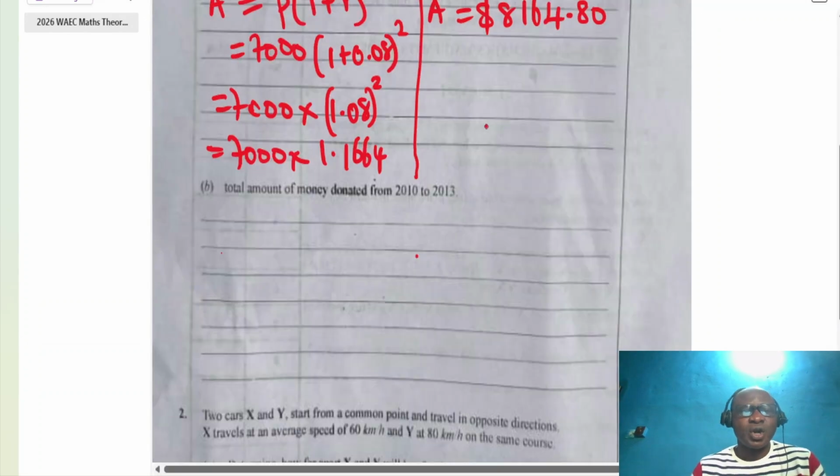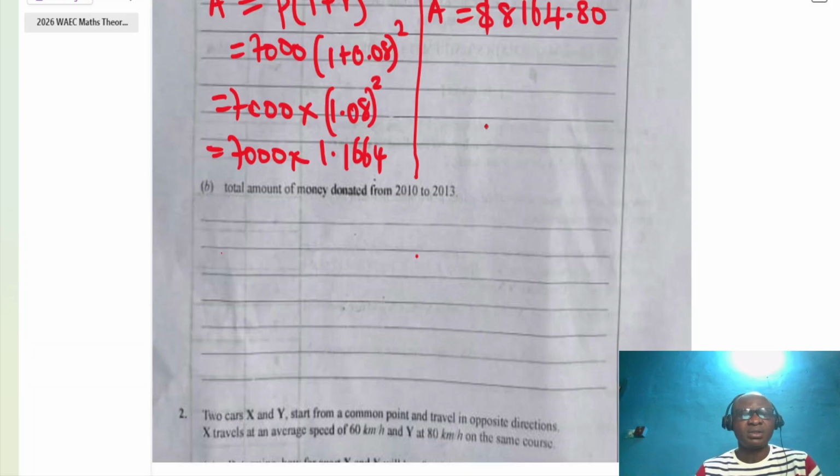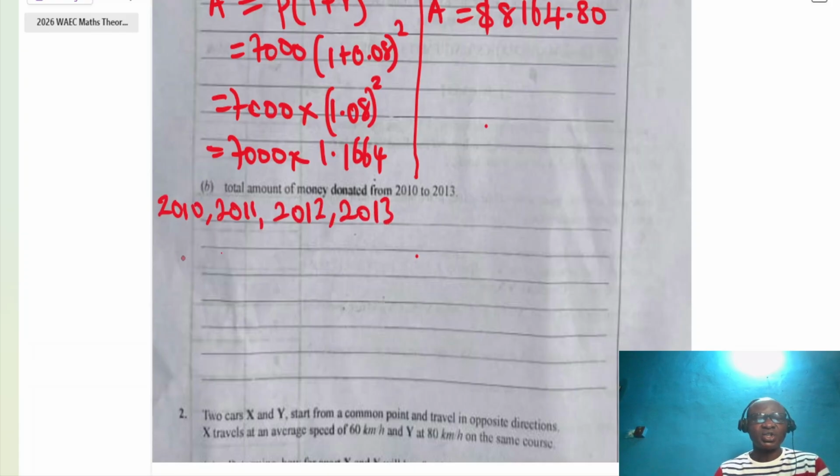Coming to question number B, we should find the total amount of money donated from 2010 to 2013. We have 2010, 2011, 2012, and then 2013, a total of 4 years.